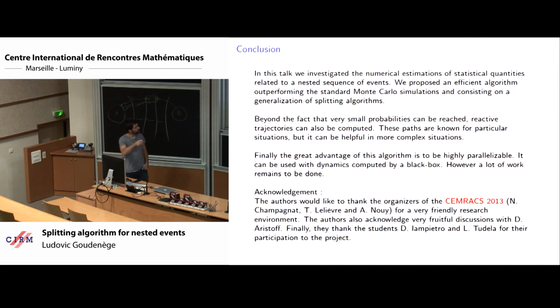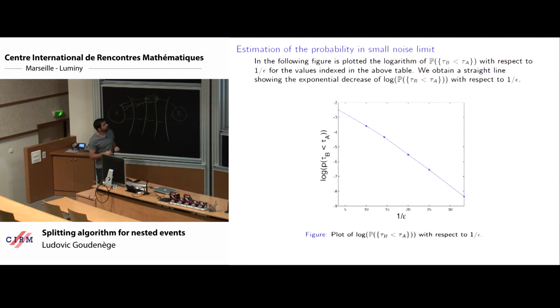I want to say that this algorithm is really well designed to compute rare events, because you can access very, very small probabilities. And so this is more powerful than the Monte Carlo procedure. Maybe it is not well designed for a probability that is not so small, but if the probability is very, very small, it is well designed.